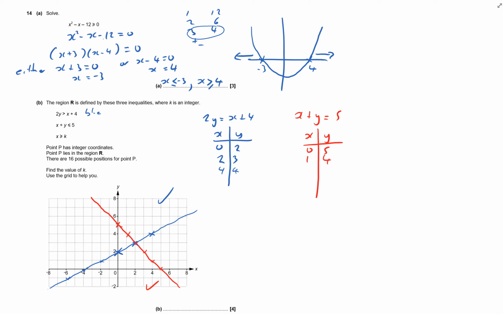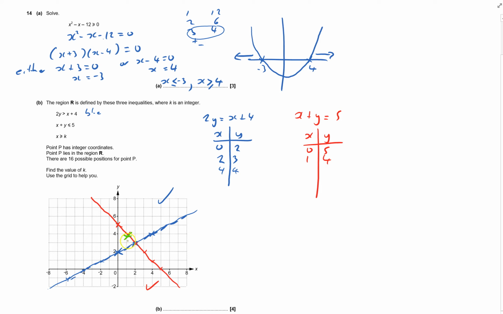So actually it'd been better if I'd done this a bit differently, because the 2y is greater than x plus 4. That means it's not allowed to be on the line. So this one here, I should really have done a dotted line here, because it's not allowed to be on there, but it is less than or equal to the 5, so it is allowed to be on the red line.